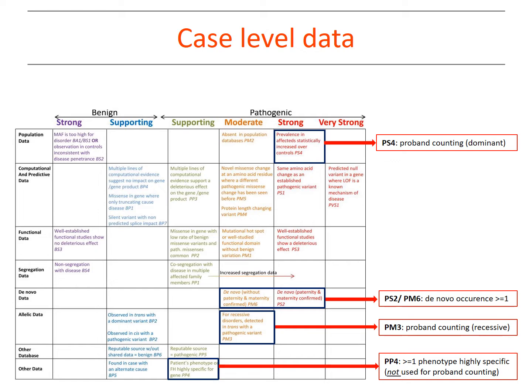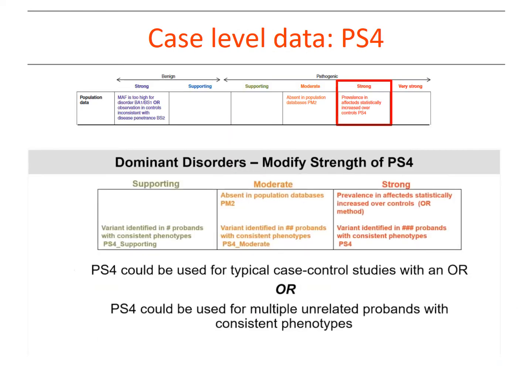Let's start with PS4. As I said, PS4 says the prevalence is statistically increased, but as you may see from the wording, it's very hard in the rare disease setting to make such large case and control studies to come to a statistically valid number. Therefore, the SVI says that we would also allow counting probands with consistent phenotype.